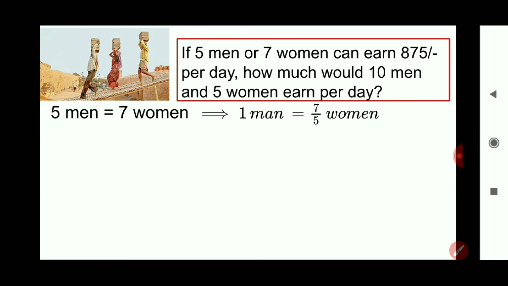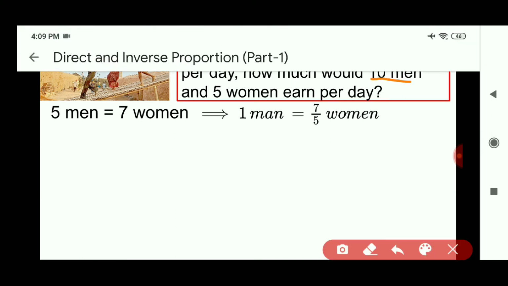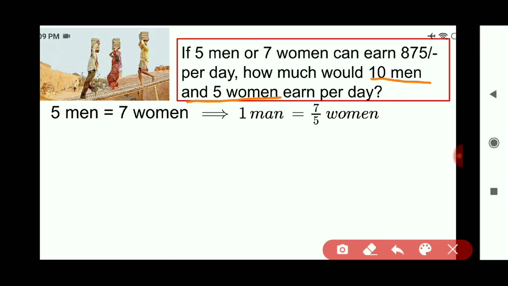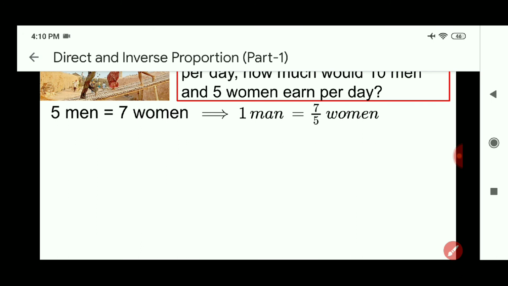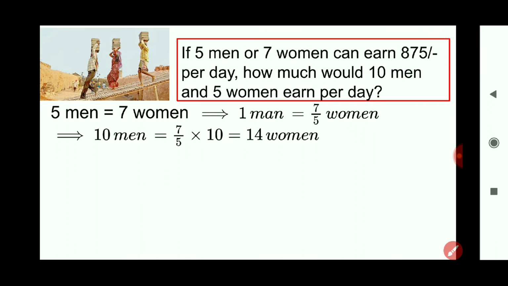In this question, it is given that 10 men and 5 women. That means 10 men plus 5 women. Observe here. 10 men means, because 1 man is equal to 7 by 5 women, 10 men means 7 by 5 into 10, that is 14 women.